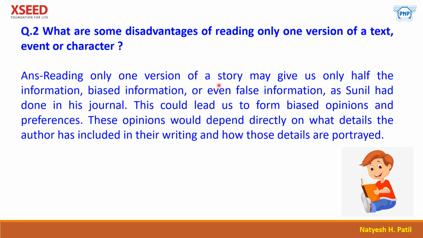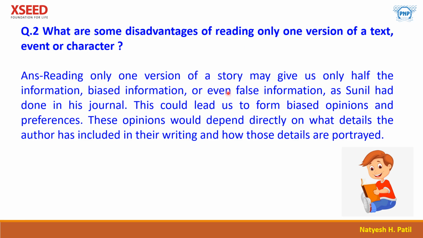Reading only one version of a story may give us only half the information, biased information, or even false information, as Sunil had done in his journal. This could lead us to form biased opinions and preferences. These opinions would depend directly on what details the author has included in their writing and how those details are portrayed. Correct? I hope you have understood this.